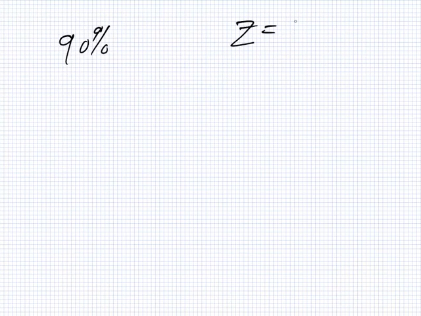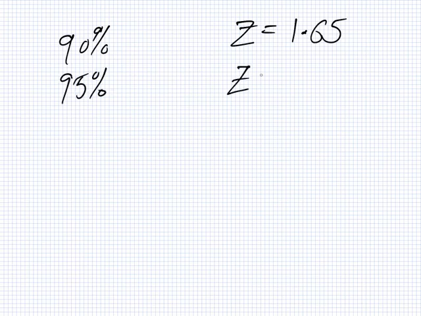So for a 90% confidence interval, what do we use for Z? Z equals 1.65. And for a 95% confidence interval, Z is 1.96. And for a 99% one, is 2. Let me just double check. 99, that would be 0.995. So no, I don't want that one actually. I wanted 99.